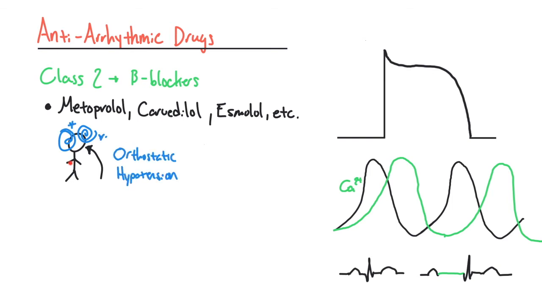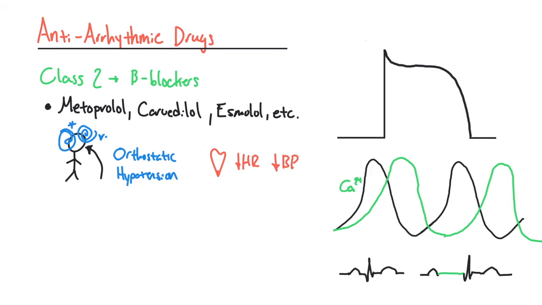And this is due to the heart's inability to compensate by increasing the heart rate for a drop in blood pressure when standing. Of course, overall, these agents also tend to lower the heart rate by their mechanism and lower blood pressure overall, as blood pressure is dependent on the heart rate.